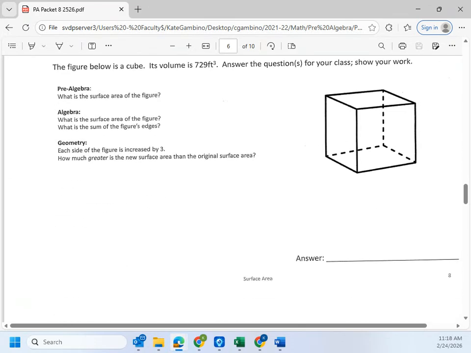The next page, our volume of this cube is 729. To find the volume of the cube, it's length times width times height. We know that equals 729. The question that we have to answer is, what is the surface area?